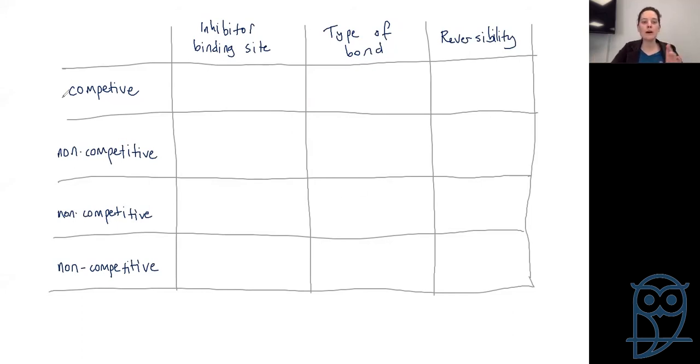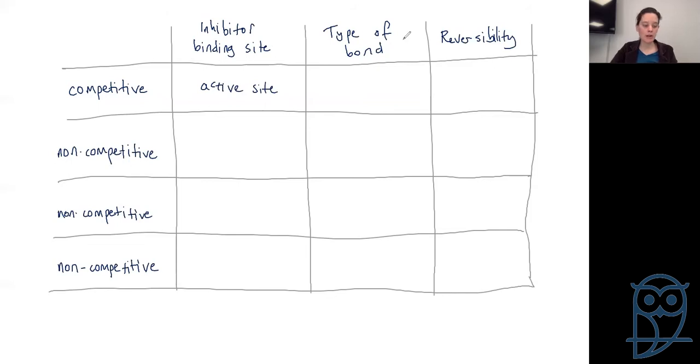So when we talk about a competitive inhibitor, where does it bind? If it's going to compete, it must be just like the substrate. So it's got to bind at the active site.